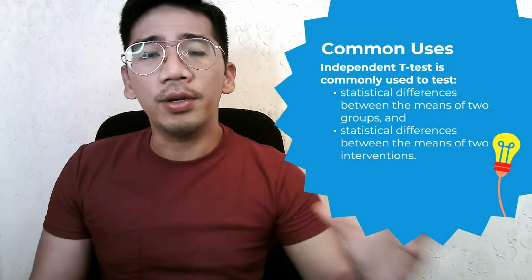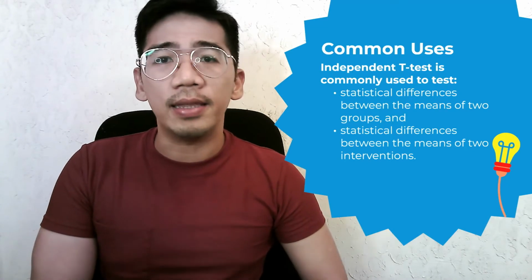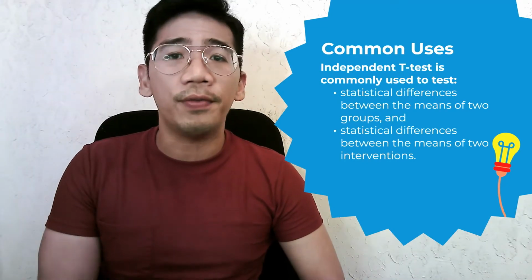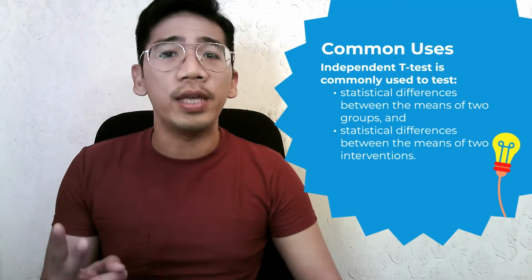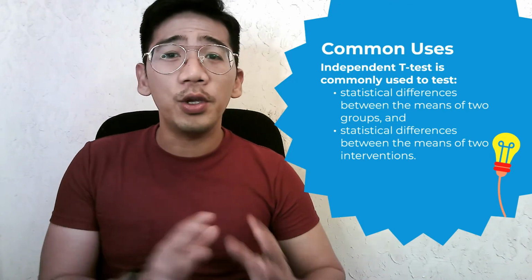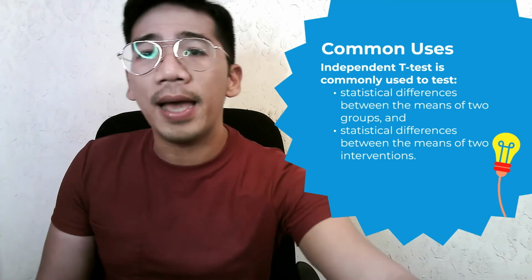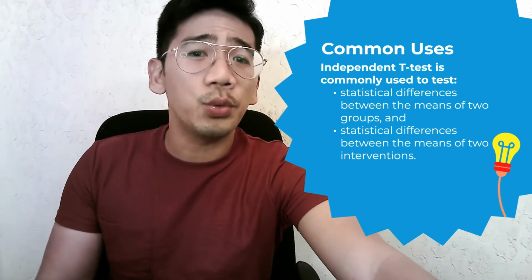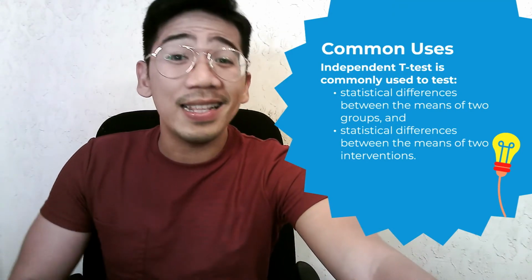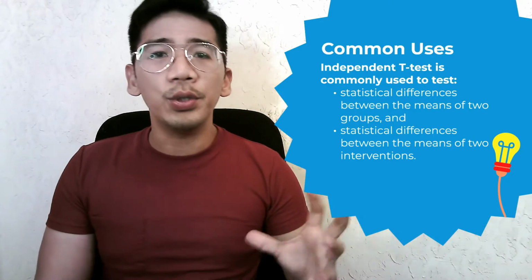Alternately, you can use the independent t-test to test the statistical difference between the means of two interventions. For example, you want to understand whether there is a difference in math test scores between students who received math anxiety counseling and those who did not.